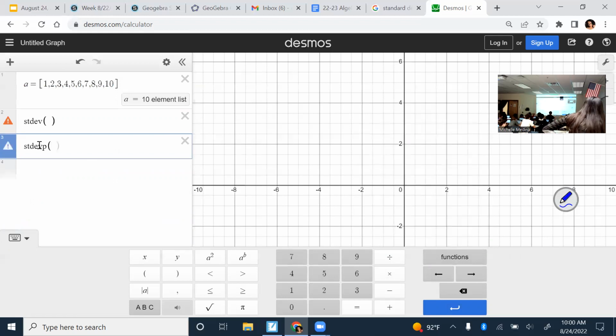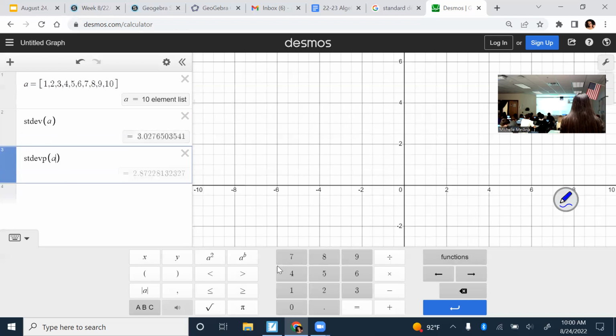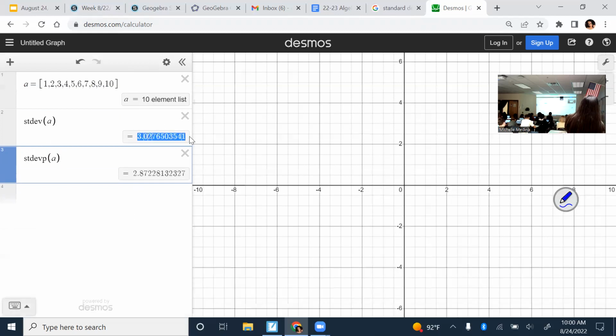This one, the only difference is a P there for population. And I noticed when people were doing their homework earlier, it may have wanted this one or it may have wanted that one. You just type in both. They're pretty close to each other anyway. And then click the answer that matches. But yeah, there's my standard deviation for data set A, same thing we got on the Geogebra sheet.